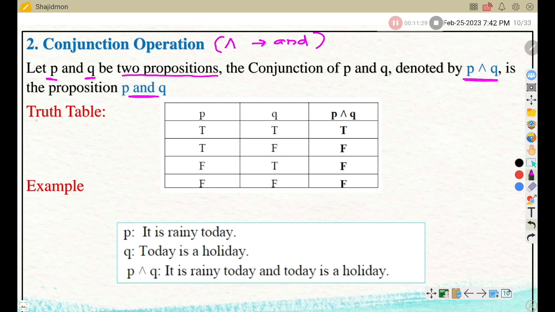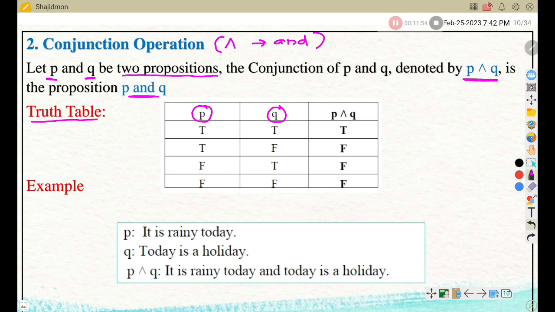Okay, the truth table. What is the truth table related to the conjunction operation? Now before coming to the truth table, how many propositional variables are here? P is there and Q is there, correct? We have two propositional variables. P is the first variable, Q is the second variable. So when we have two propositional variables, how many rows will be there in the truth table?